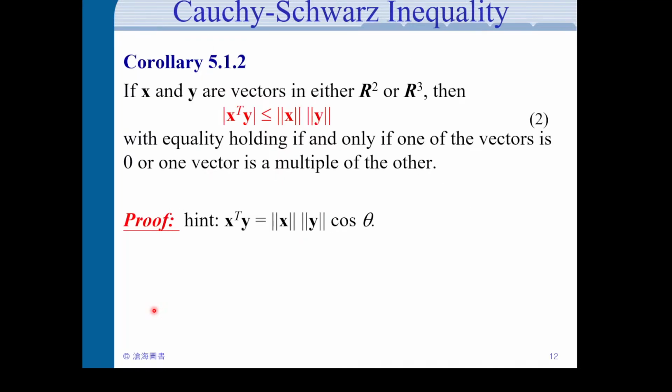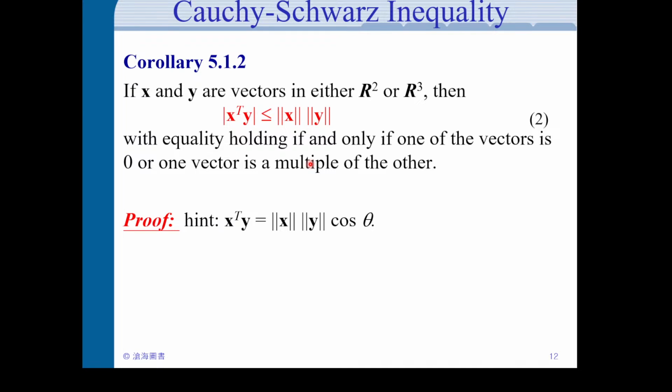And then we have this nice inequality, the Cauchy-Schwarz inequality. It can also be written in terms of inner product: the inner product of any two vectors in R2 and R3 is less than or equal to the length of x times the length of y.